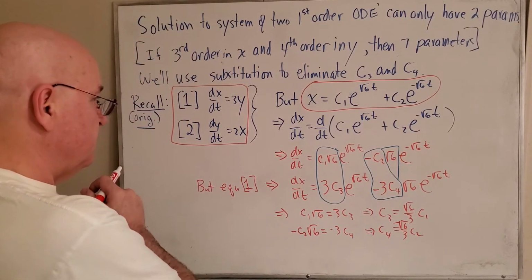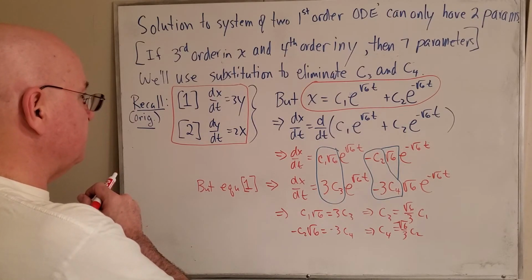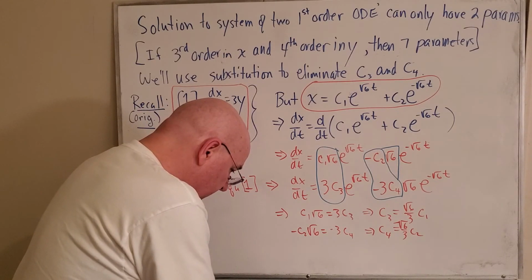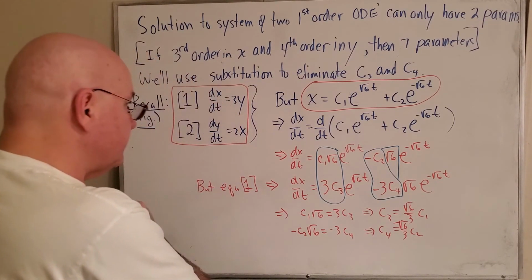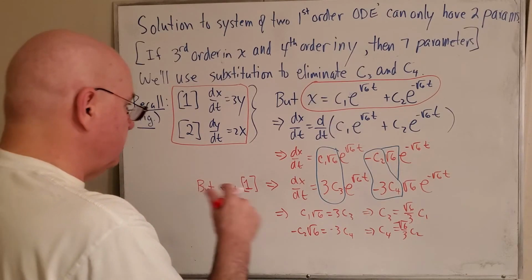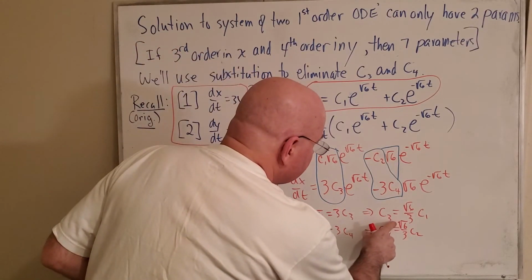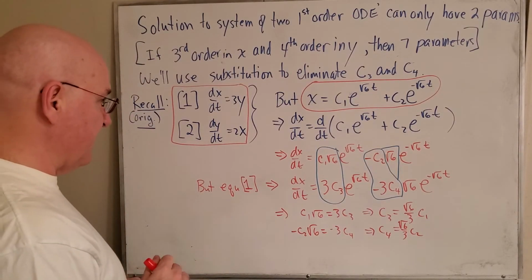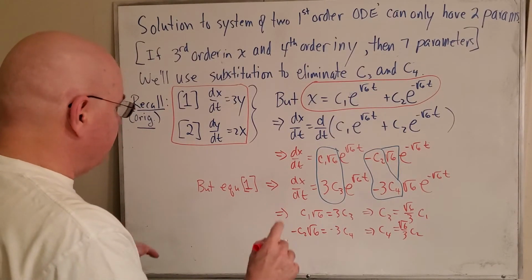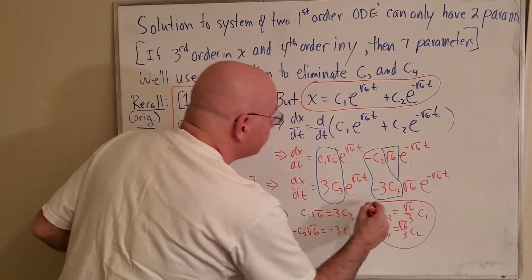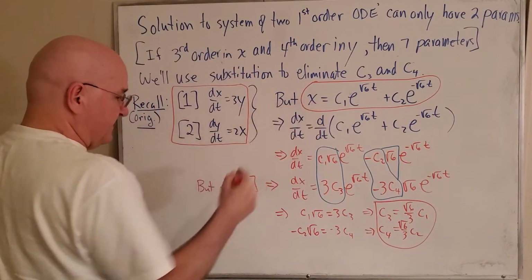Let's see. Should that be negative? Y and X, I think they're the same sign, so I think that's positive. You may want to double check and see if I missed a sign somewhere. But that gives us values for C3 and C4. So this is our value for X.